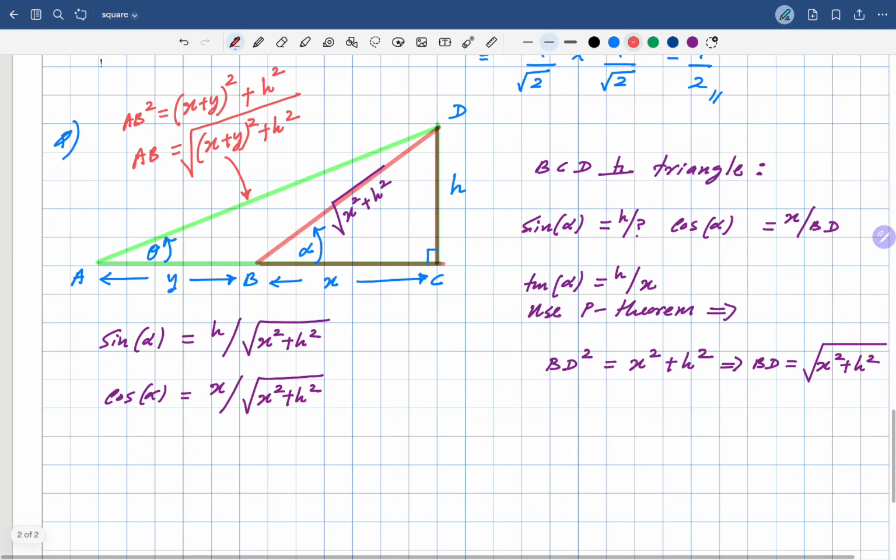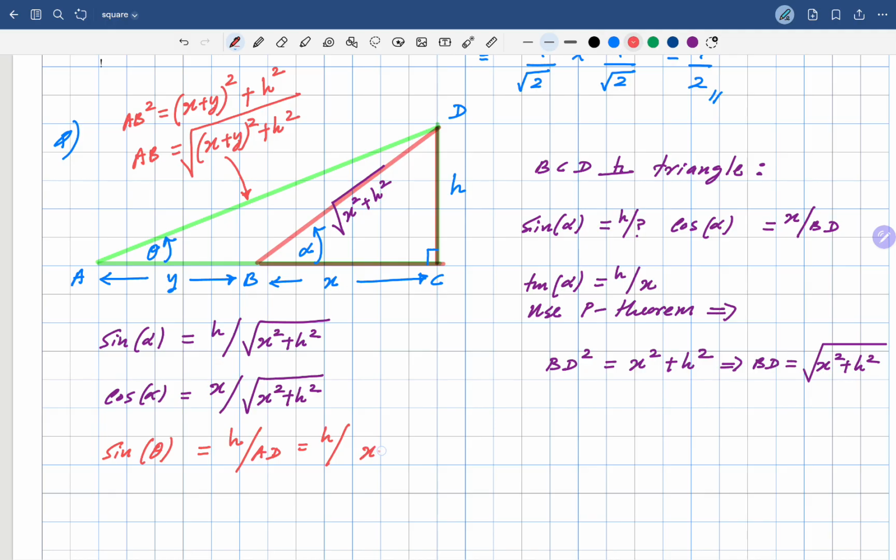Now we will find sine theta. Sine theta is opposite, which is h, divided by the hypotenuse, which is AD, the square root of (x plus y) squared plus h squared.